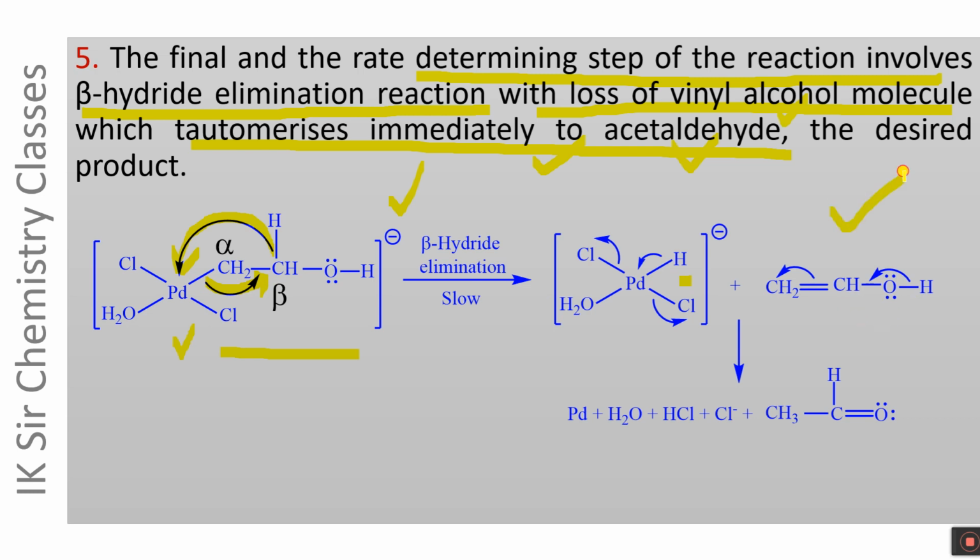This is vinyl alcohol and an anionic complex. Vinyl alcohol tautomerizes to acetaldehyde, which is the desired product, and this anionic complex transforms into HCl, Cl- ion, H2O and palladium.